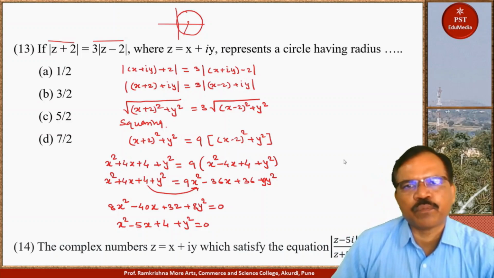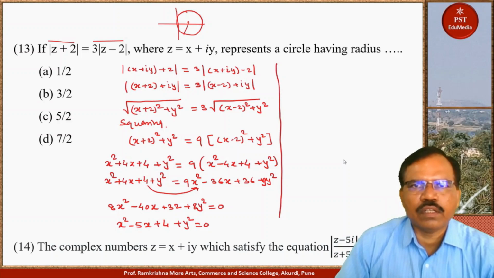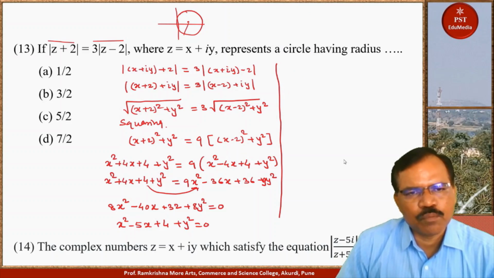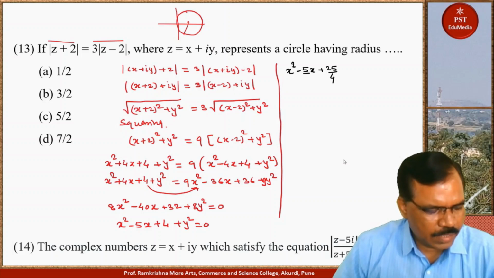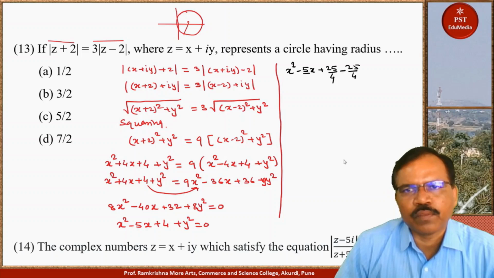And what is this equation? I will make a slight adjustment. So x square minus 5x, suppose we add 25 by 4 and subtract 25 by 4, plus 4 plus y square.